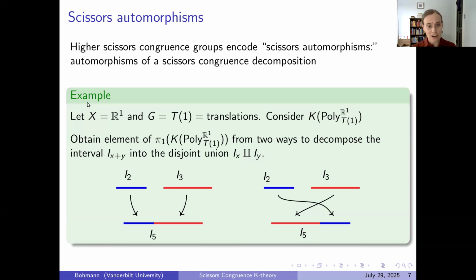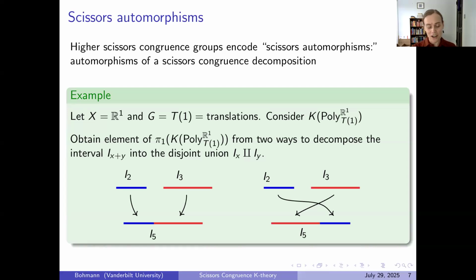Here you can see a picture of two different ways to decompose an interval of length 5, that's I5 here, into two intervals of length 2 and length 3. All I'm allowed to do is chop up the interval of length 5, and then translate any of the intervals around.